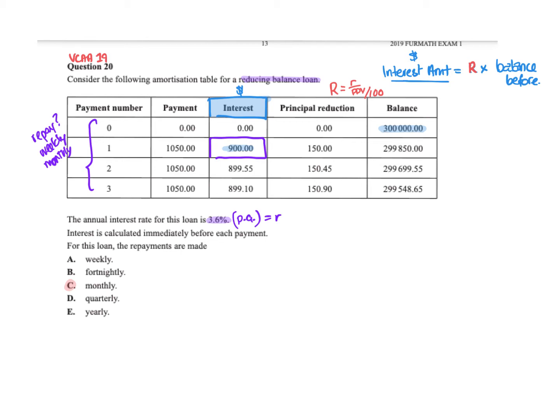So I'm going to use this formula and set up a solving situation. I know that the interest amount was 900 and it would have equaled the rate times the balance before, which is 300,000. So how do we find that rate?